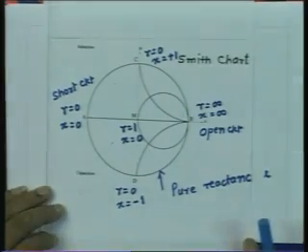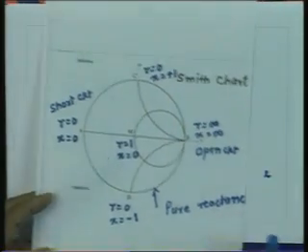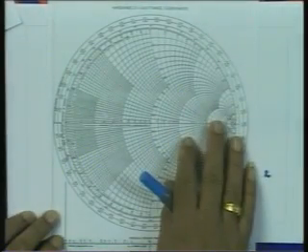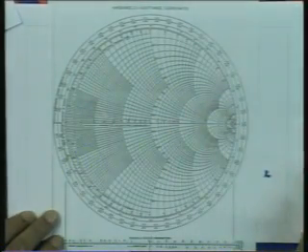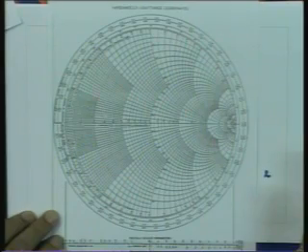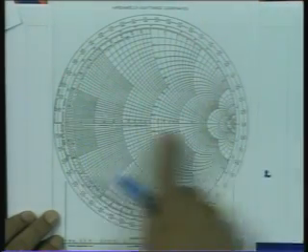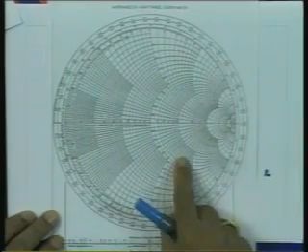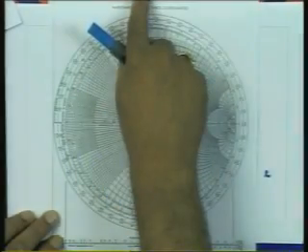Also, it should be kept in mind that since the Smith chart is a complex gamma plane, it should always be held like this. The most clustered portion of the circle should be on the right hand of the user, because the real axis of the complex gamma plane is in this direction, and the positive imaginary axis is in the vertical direction.